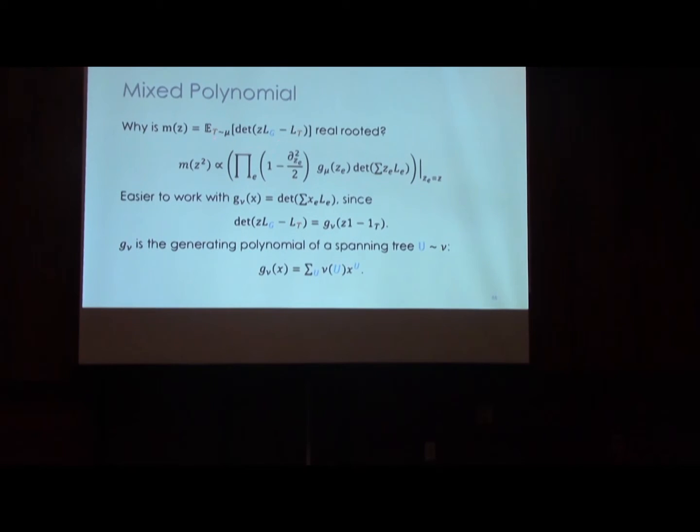So now we have to show that this thing is real rooted, and basically I've already said that this reduces to showing this identity. This is the same identity as before, and I've already shown that this entails that this multivariate polynomial has to be real and stable, and its univariate restriction has to be real rooted.